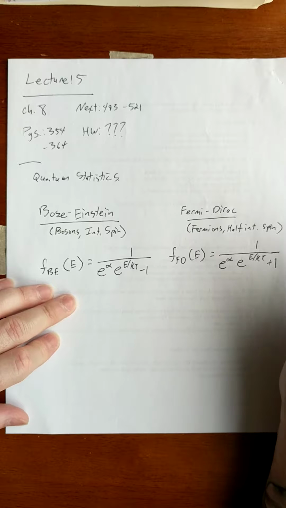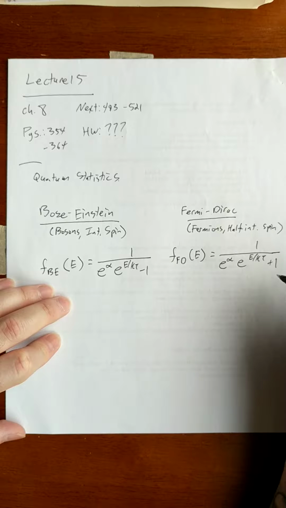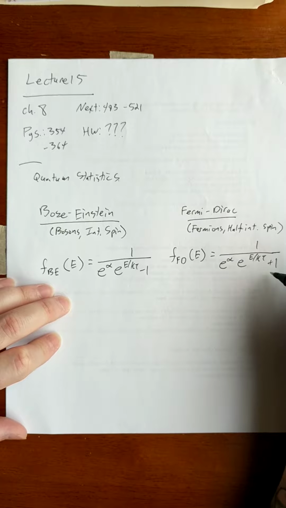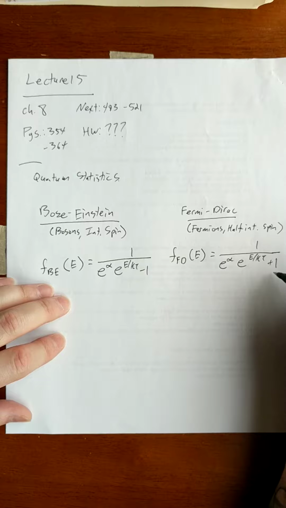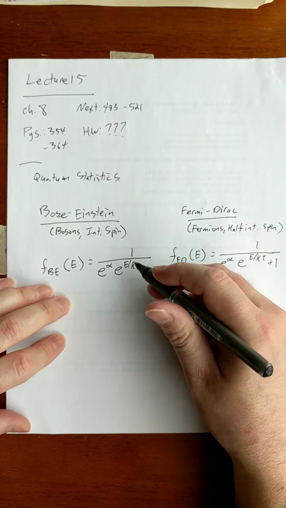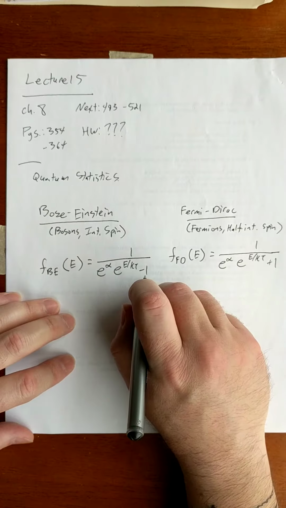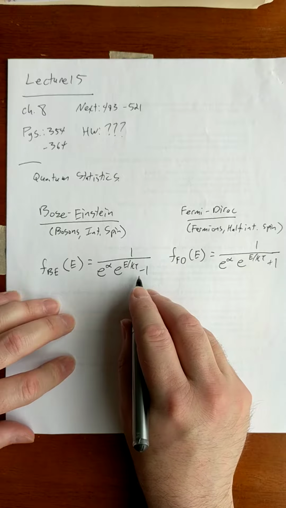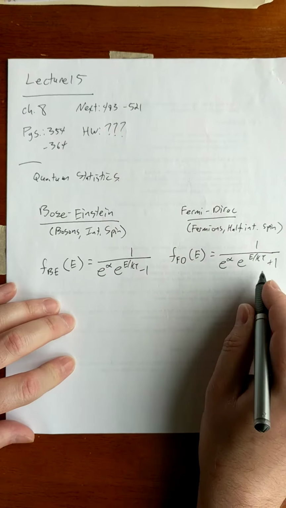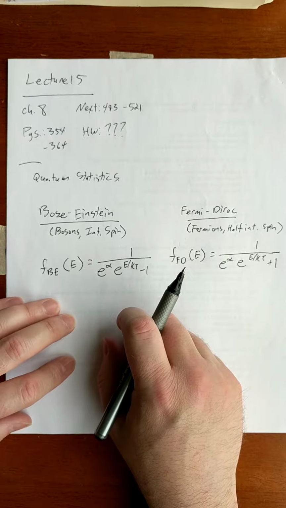A trick to remember is that the plus 1 in the denominator is the opposite of the antisymmetric wave function, where we get a minus 1 if we switch particles and look at how the wave function changes. For the bosons, we have the symmetric state, a plus 1. So the distribution is the opposite, which is just a little trick to remember.